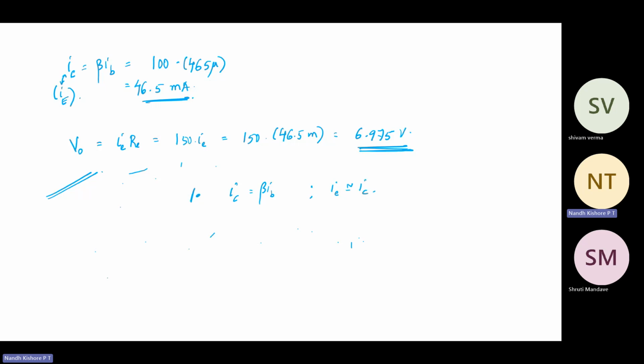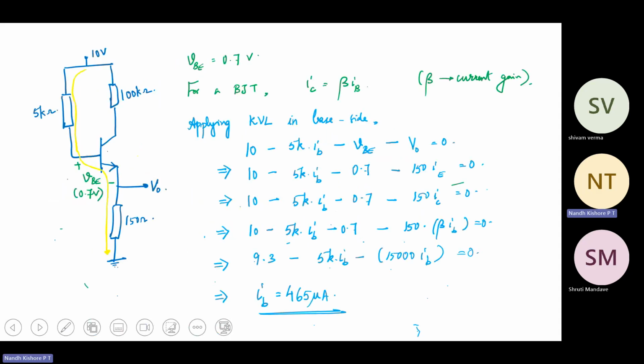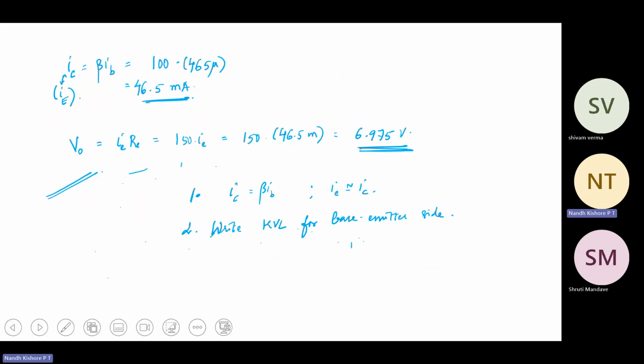Second was write the KVL for the base emitter side, as shown in the yellow line over here. You will get what is IB. Find IB, and from that you can get what is IC. Finally, find V naught is equal to IERE.